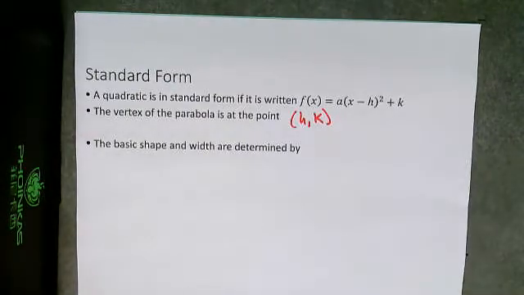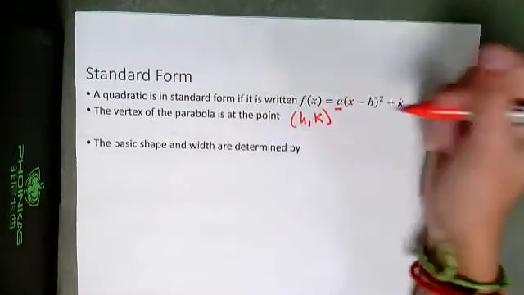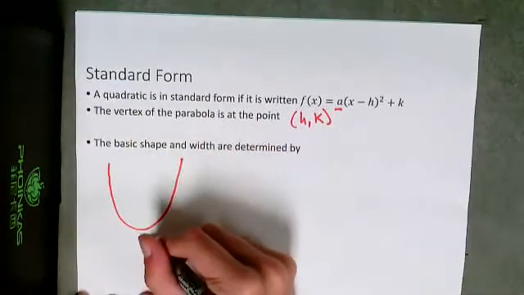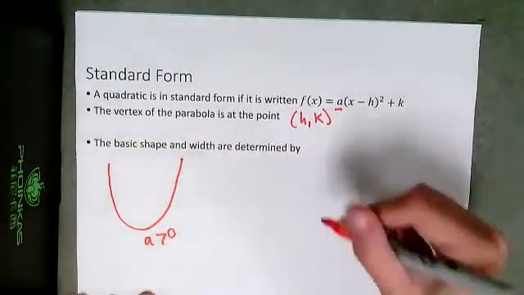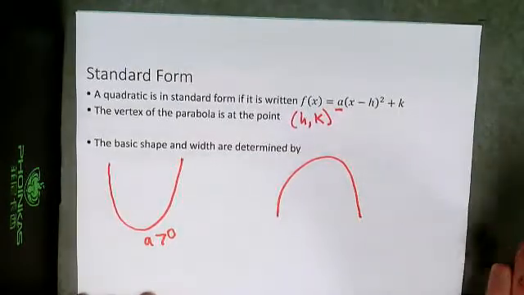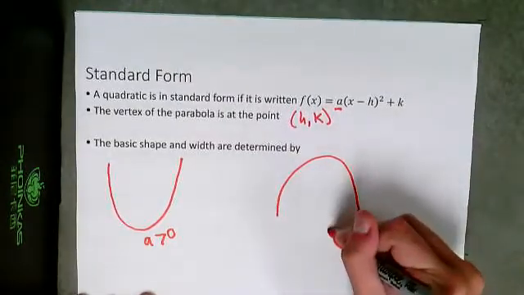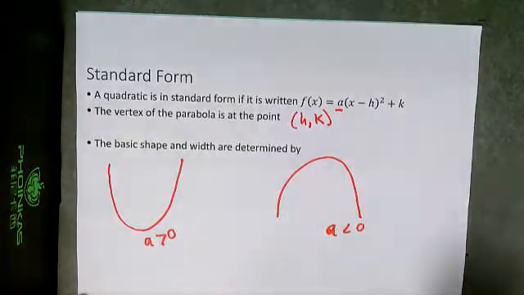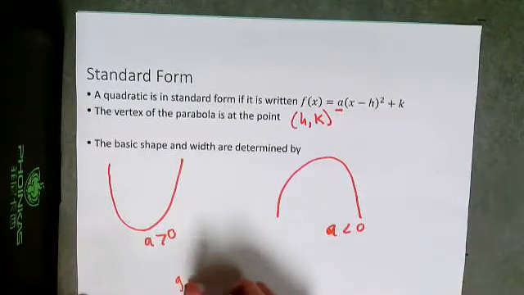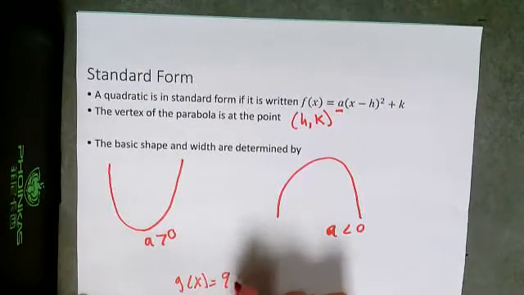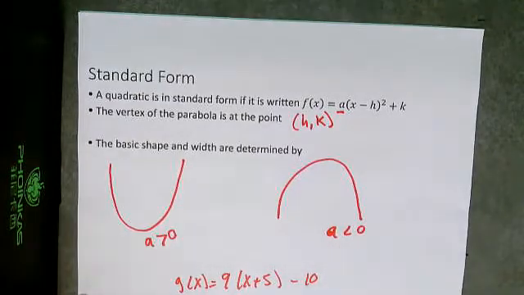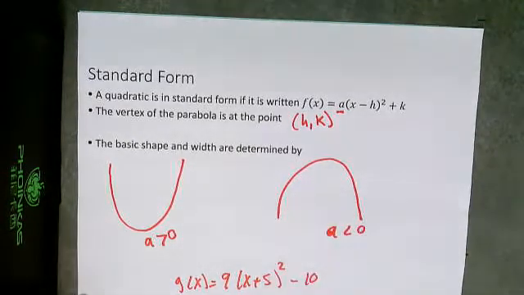The basic shape and width are determined by the a value. If we have a parabola that looks like this, the a value is positive. If we have a parabola that goes downward, then the a value is negative. So for an example, g of x is equal to 9 times (x plus 5) minus 10, that should be squared.